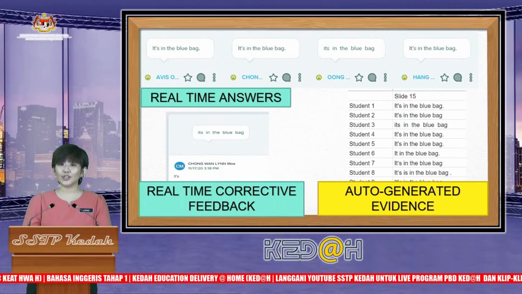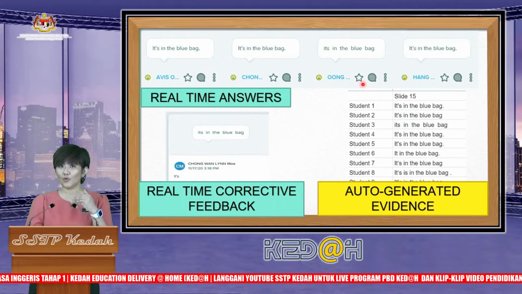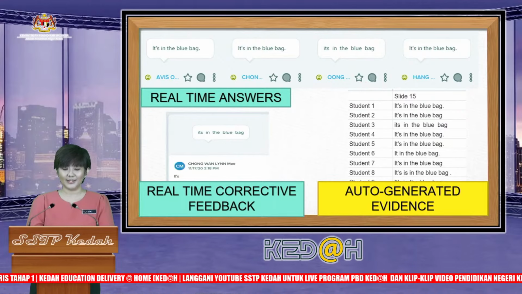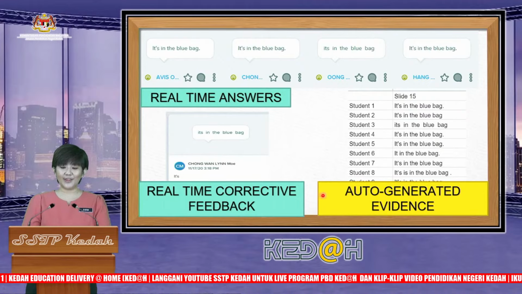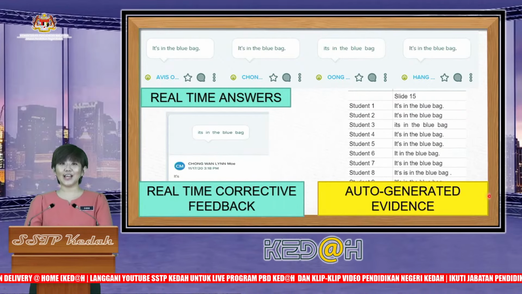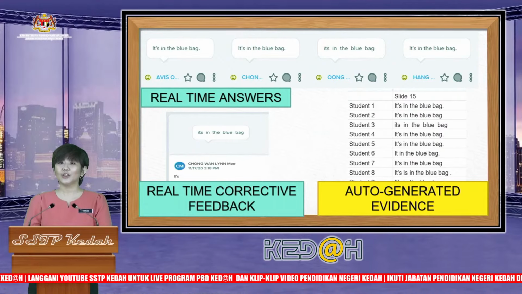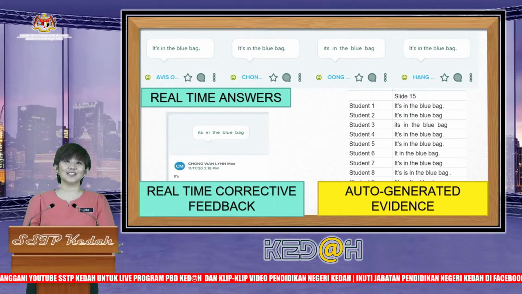So as teachers, we could see our pupils' answers in real time and provide feedback almost immediately. Besides giving real-time corrective feedback, most of these applications also provide post-session takeaways which teachers can use as evidence of assessment.